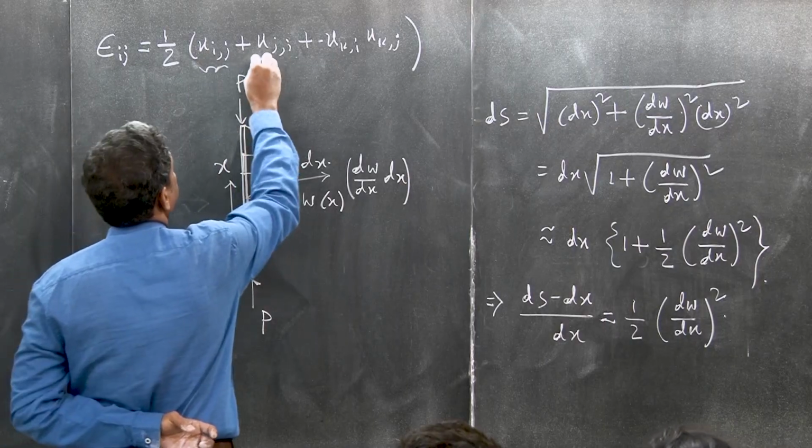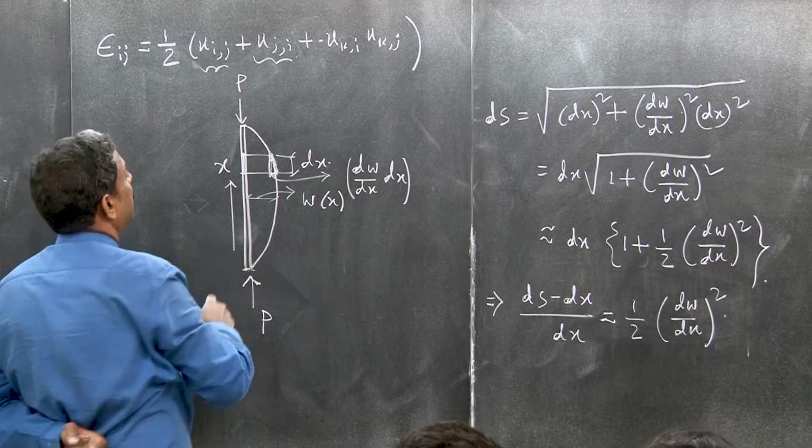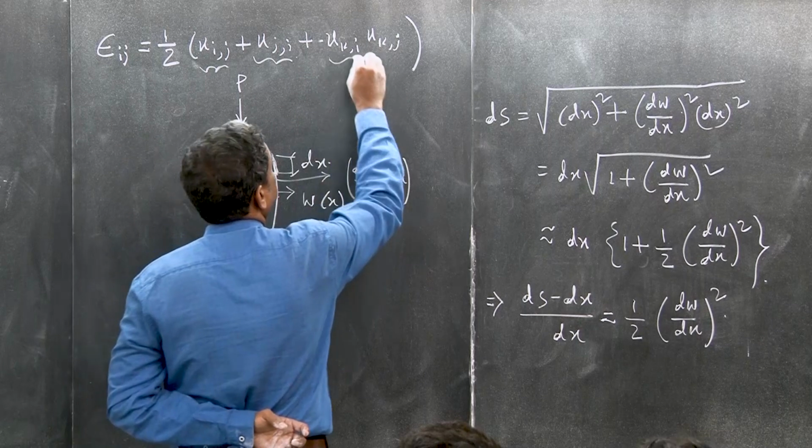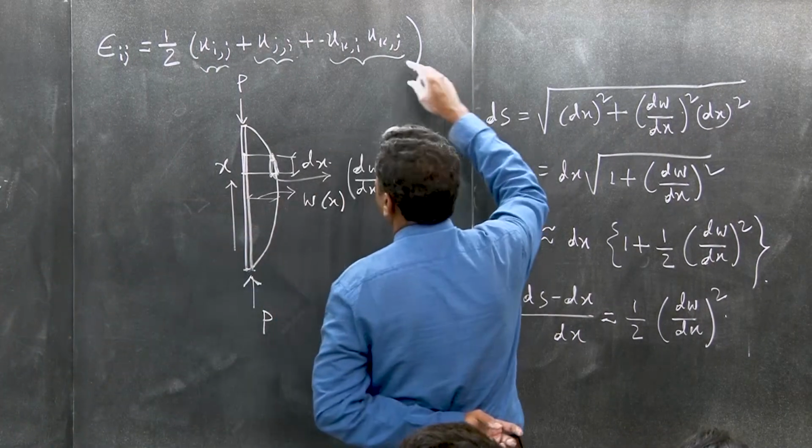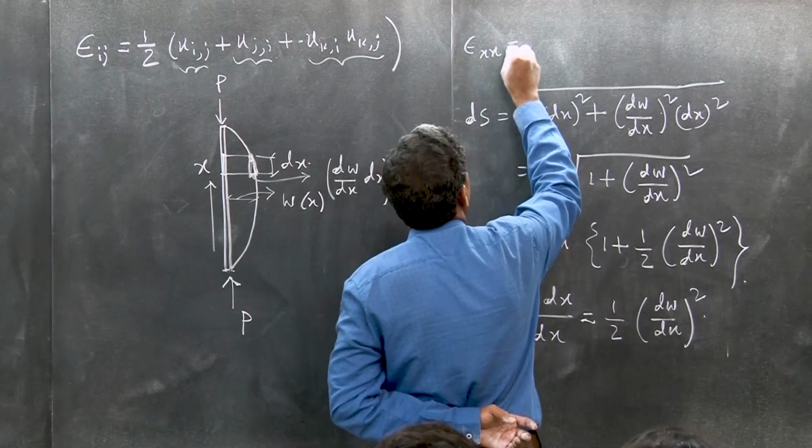So this term will not be there, okay. But this square term is, of course, there. So, when I am simplifying, what is epsilon xx?